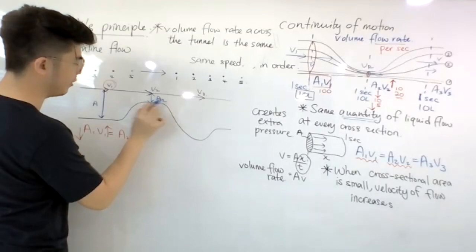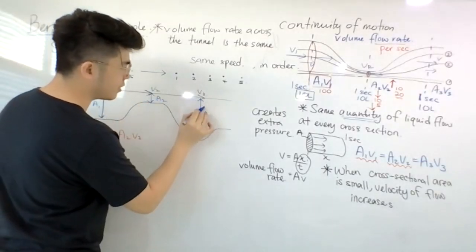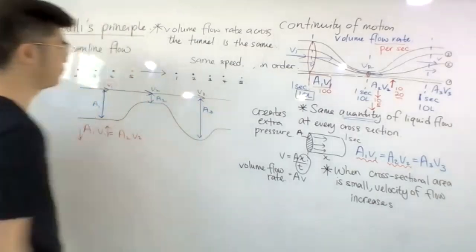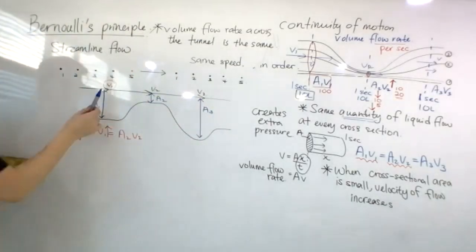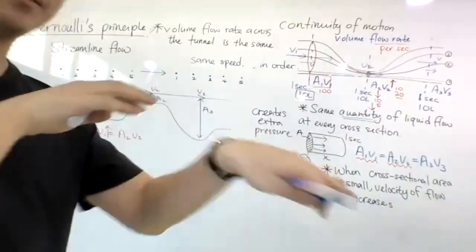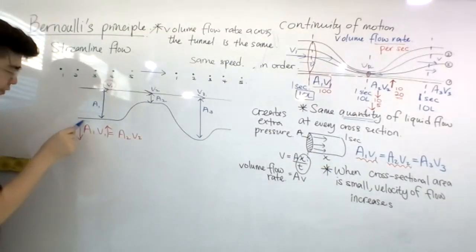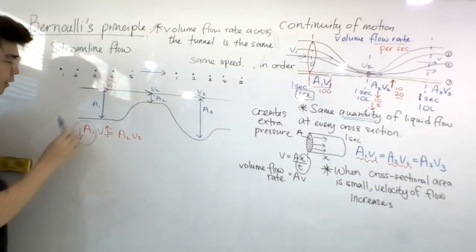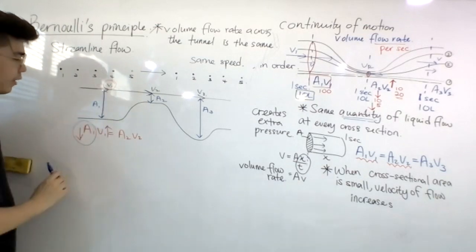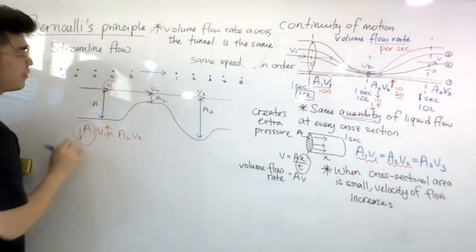This is the cross-sectional area A2, A1, and this is the cross-sectional area A3. If you see that V1, the water flows very fast, what does it mean? That means A1 is very small. Comparing these two, which velocity will be faster?